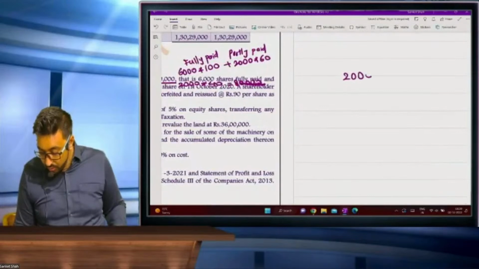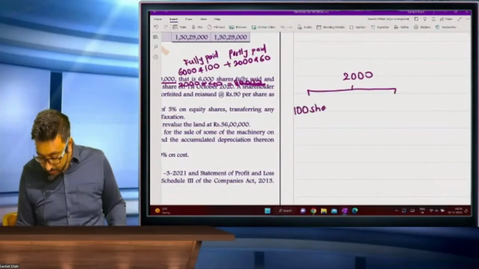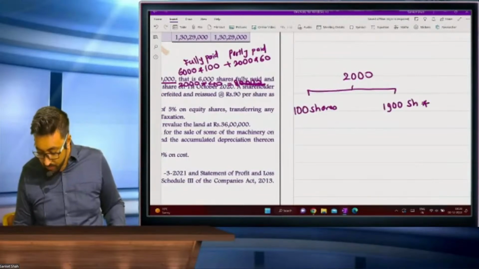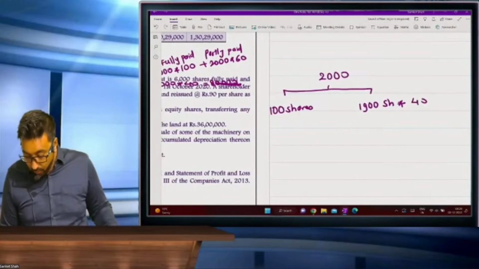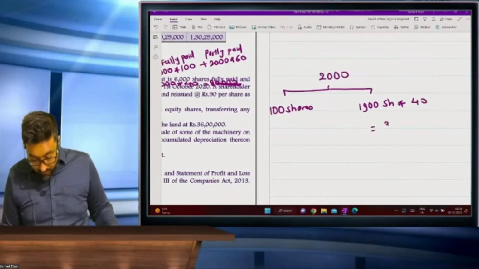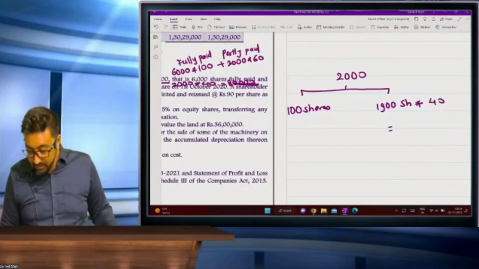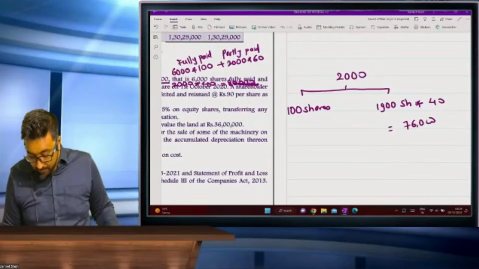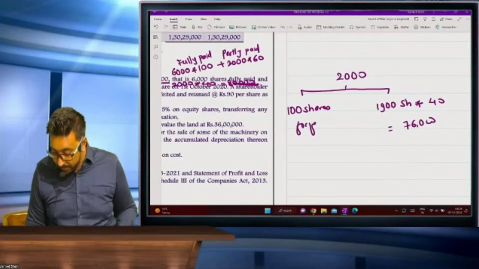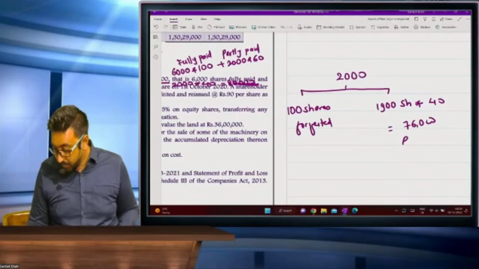So 2,000 we will bifurcate: 100 shares and 1,900 shares into 40. Yes. So this is 76,000 and this, beta, is forfeited. This is received.